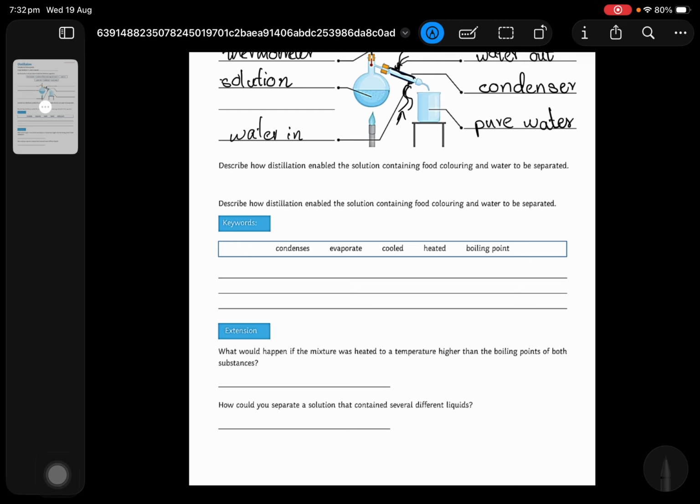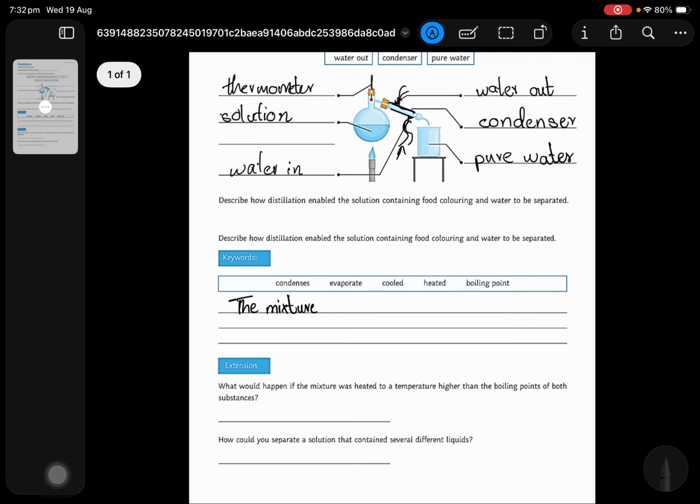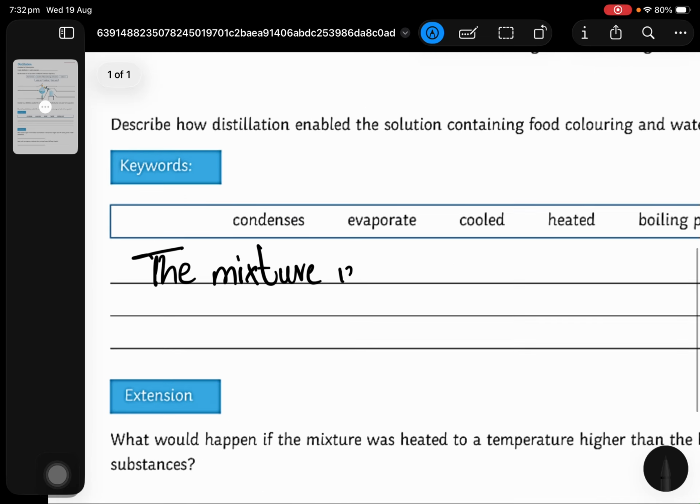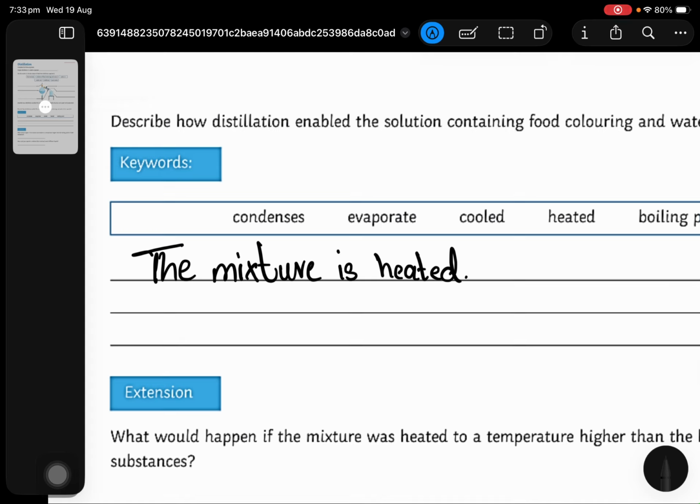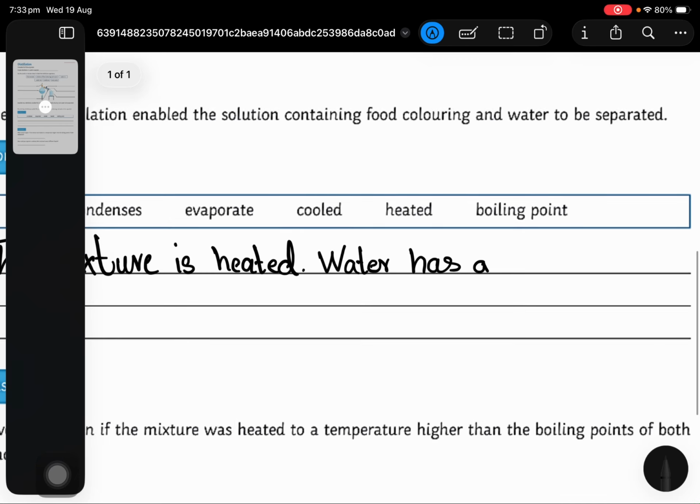Describe how distillation enabled the solution containing food coloring and water to be separated. So the mixture is heated, so we can write mixture is heated. The water has a lower boiling point than food coloring.